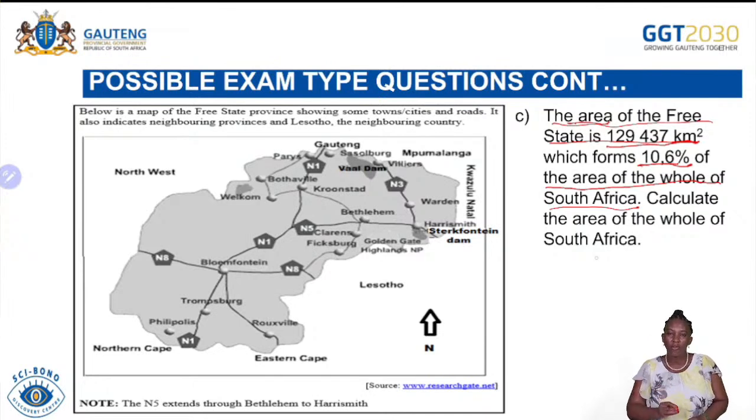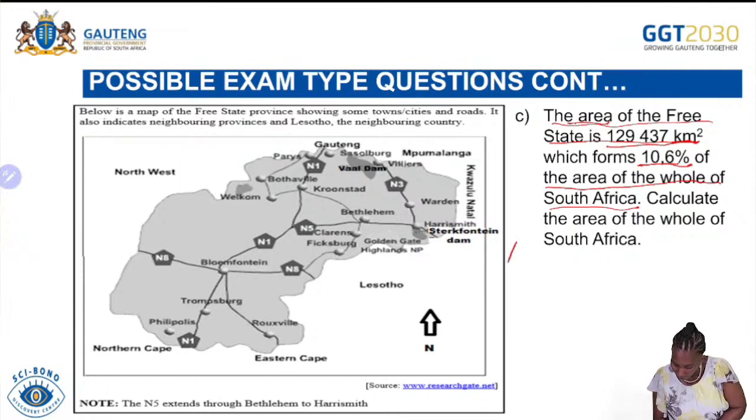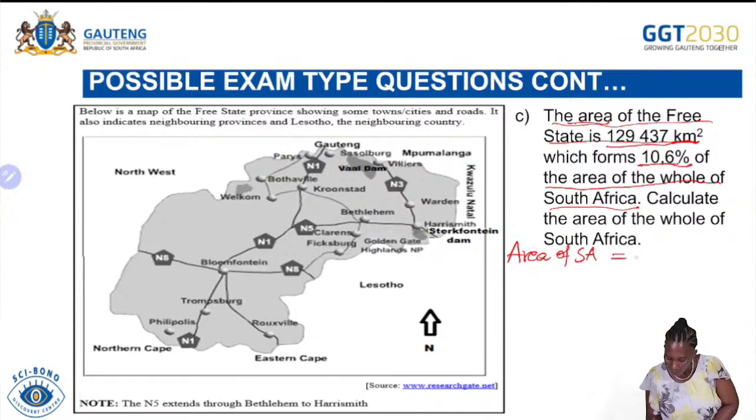So now we want to find the actual area of the whole SA. So we say area of SA is equal to, now what are we looking for? We are looking for the area of SA, which is 100%. What are we having? We are having the 10,6 of what? Of that portion. That is the known, and then we want to know the unknown.